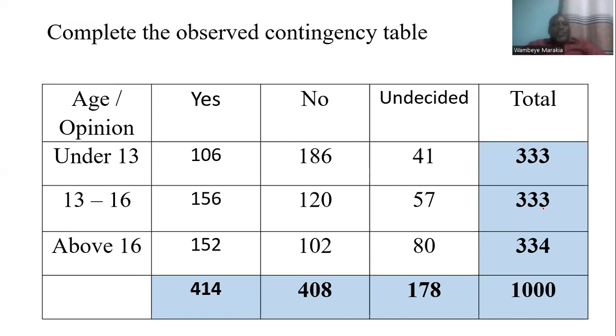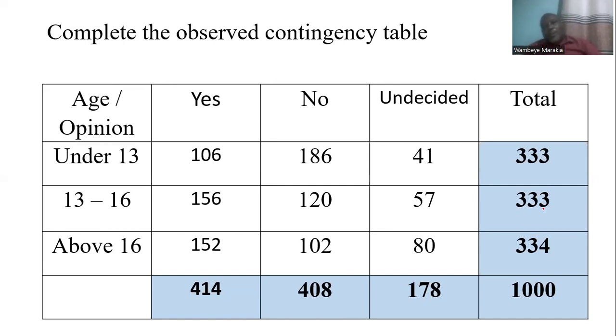Between 13 and 16, those who said yes were 106, those who said no were 120, and those who were undecided were 7. Then above 16, those who said yes were 152, those who said no were 102, and those who were undecided were 80.